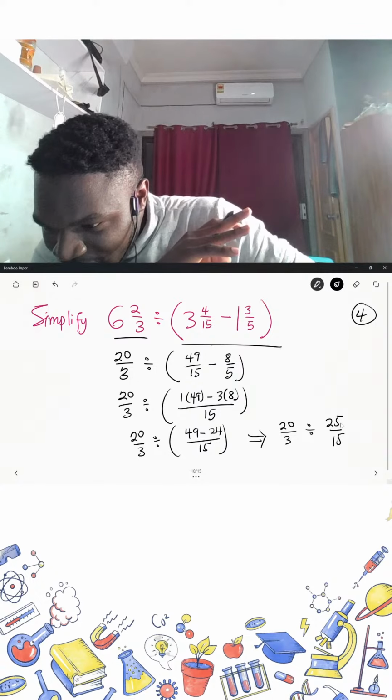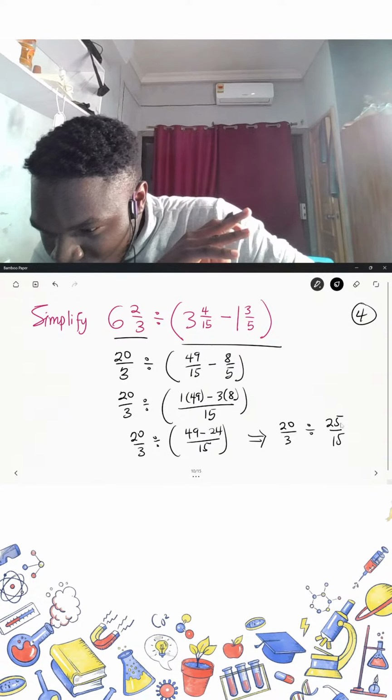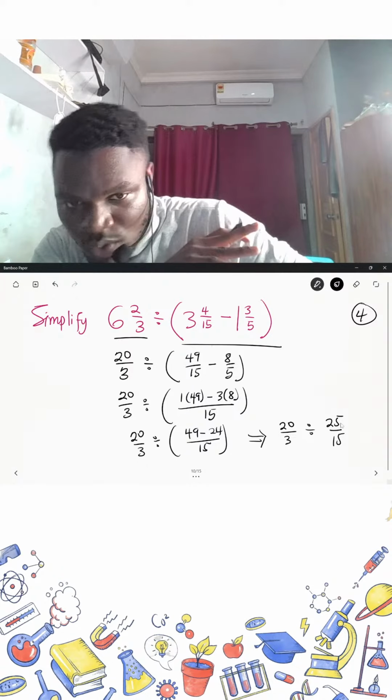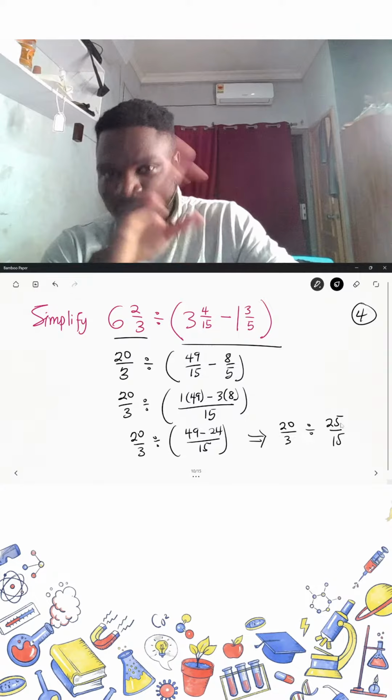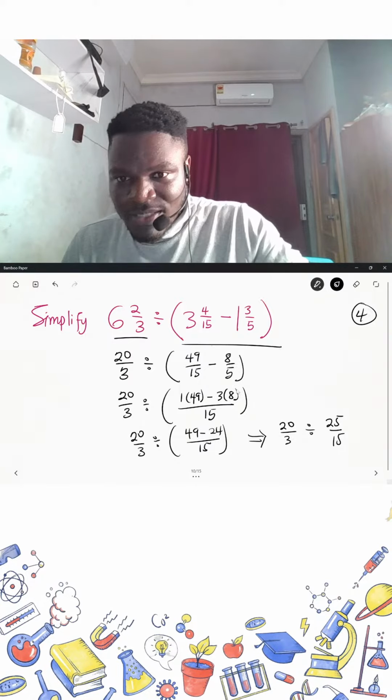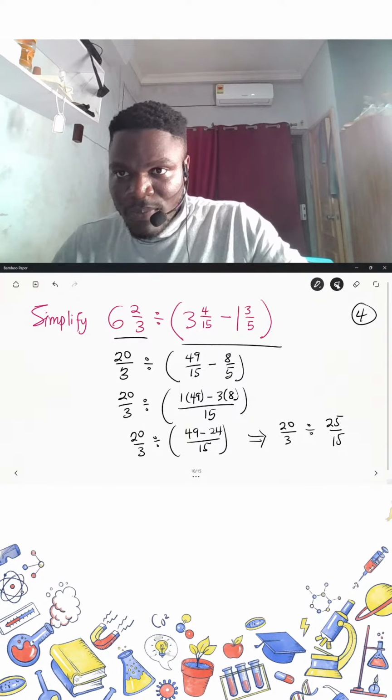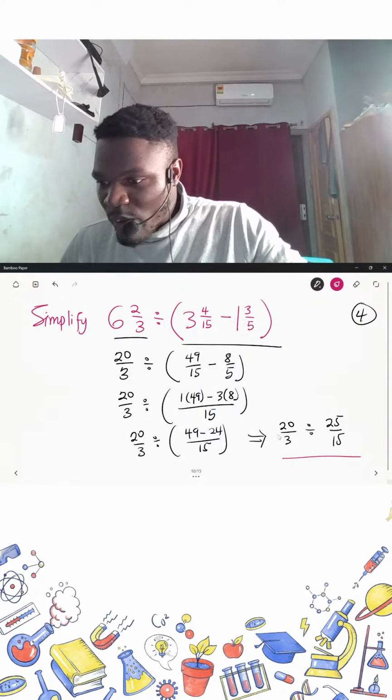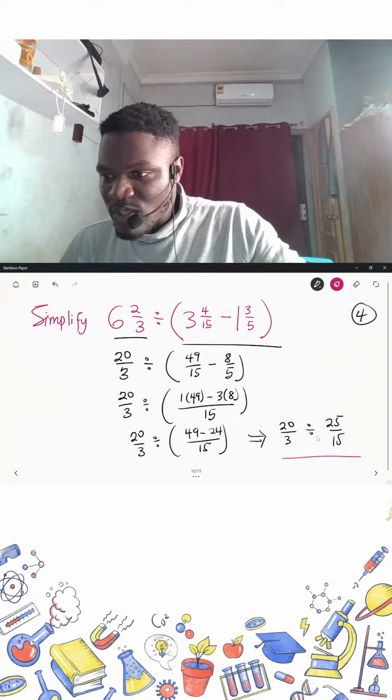Brain is saying, I thought 20 over 3 multiplied. No. It's a division sign, so we maintain it, okay? But up until this point, let me use a different color, I hope we understand how we got 20 over 3 divided by 25 over 15.